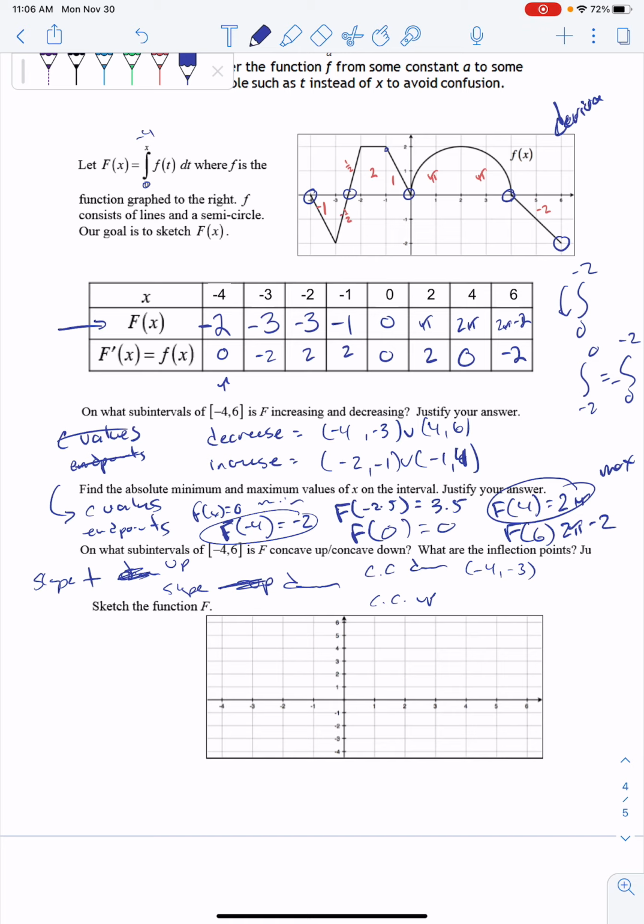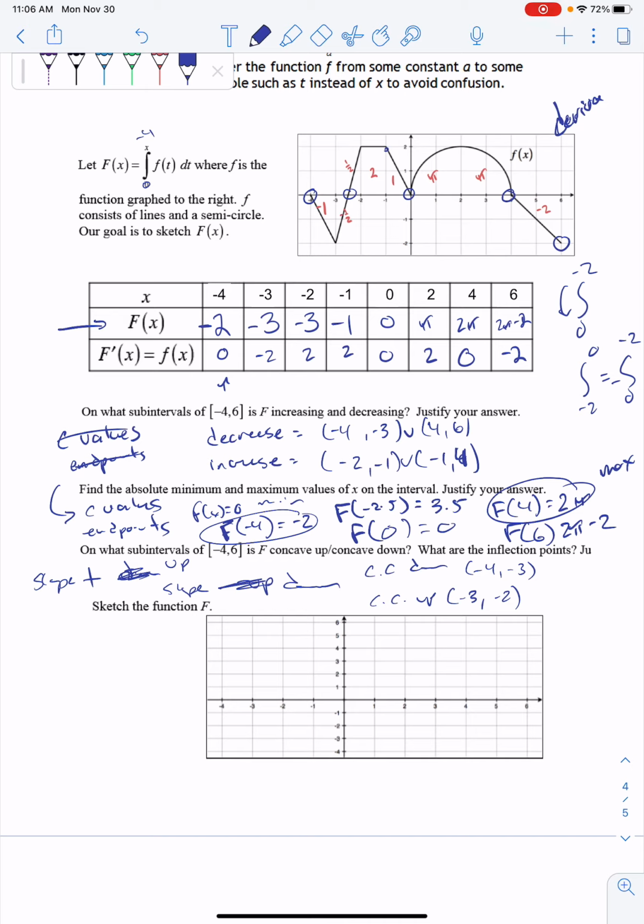My slope is positive from negative 3 all the way up to where? My slope is positive until I get to negative 2. And then I don't really know what happens right there. I don't know about my slope because my slope is 0. So I've got to look at my first derivative, my little f of x.